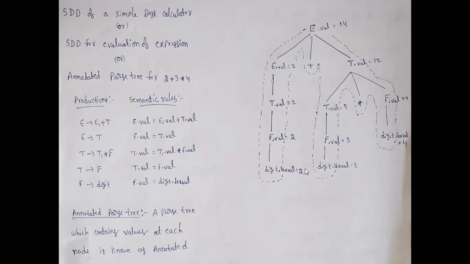Each node has a value. So here 2, and here 2, and here 2, and here 2, and 3, 3, 3. So that is called the annotated parse tree. So we are converting a parse tree into an annotated parse tree by specifying the values for each particular node. If there is a reduction, then we perform the corresponding semantic action.